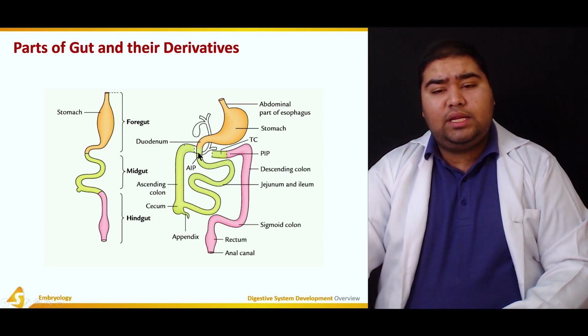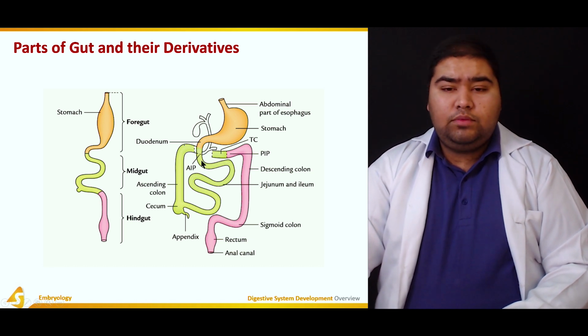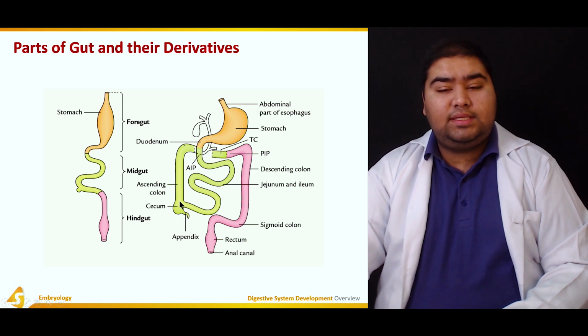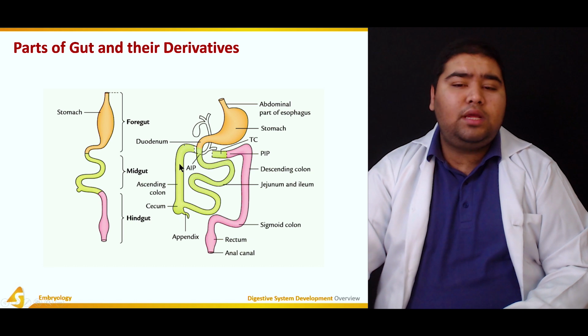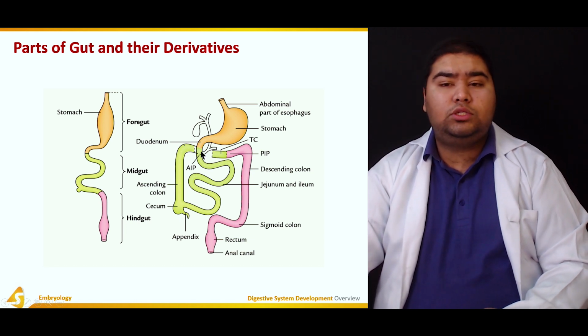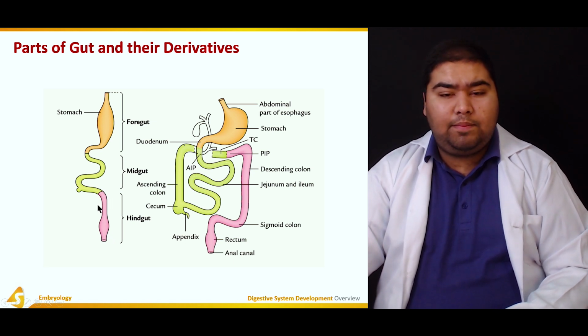The midgut is forming the distal portion of the duodenum, the jejunum, the ileum, then the cecum and the appendix, the ascending colon, and the right 2/3 or proximal 2/3 of the transverse colon.